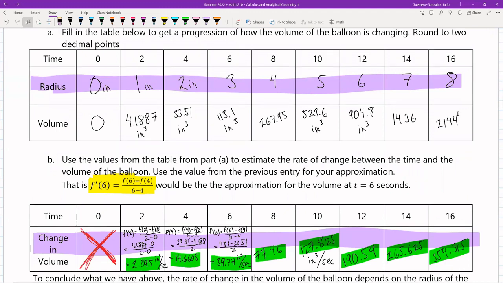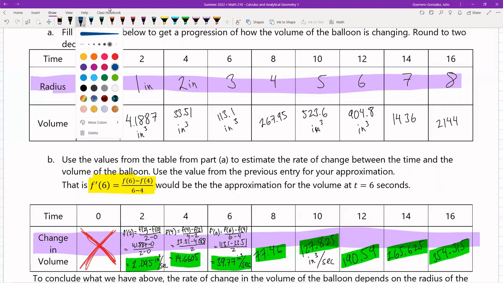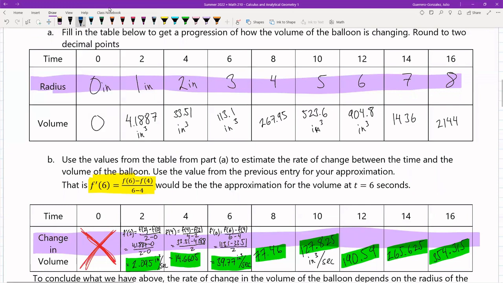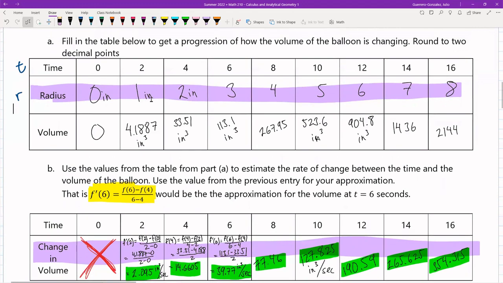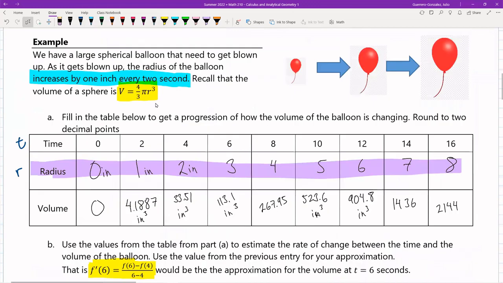So we know that time, let me do it in a nice blue here, is our variable t. The radius is our r. Remember how we needed to plug into this equation up here in order to get any of these values?